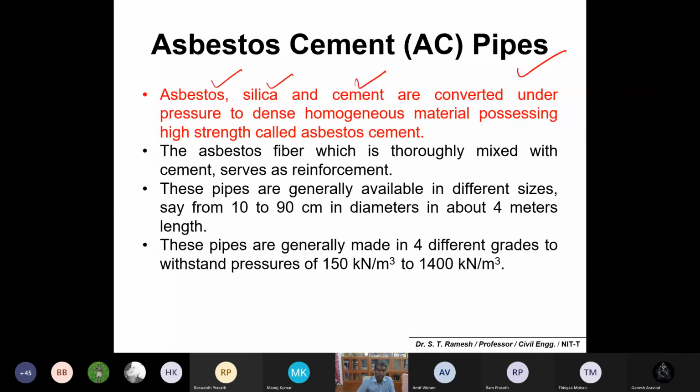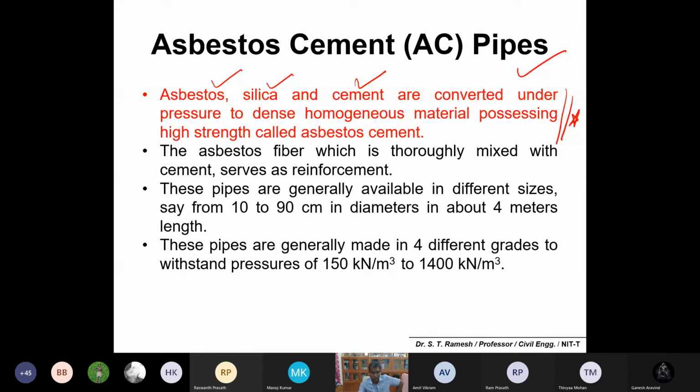Please remember the first point: asbestos, silica, and cement are converted under pressure to a dense homogeneous material possessing high strength and higher durability, so that you can call it asbestos cement pipes.